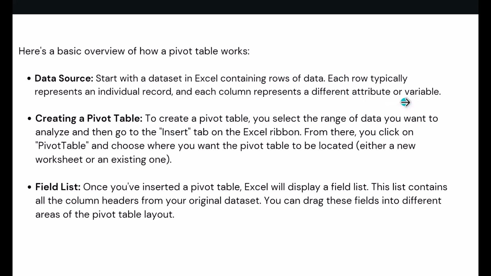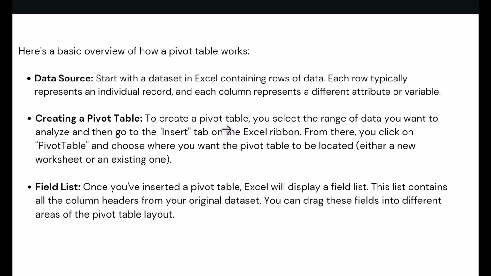Please take note, each column represents a different variable and each row represents an individual record. Now this may sound kind of technical, but once we start working with our data you will understand what we have been saying.